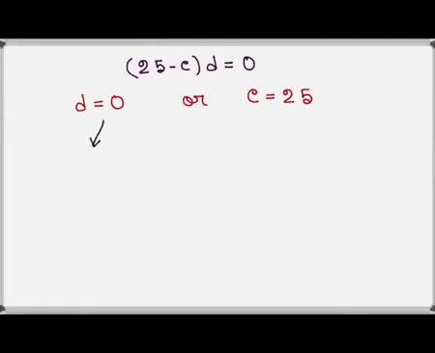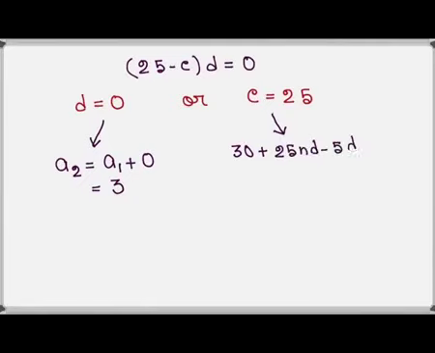Now if D is equal to 0, then we get A2 is equal to A1 plus 0. So A2 is equal to 3. And if C is equal to 25, then 30 plus 25nD minus 5D divided by 6 plus nD minus D is equal to 25.